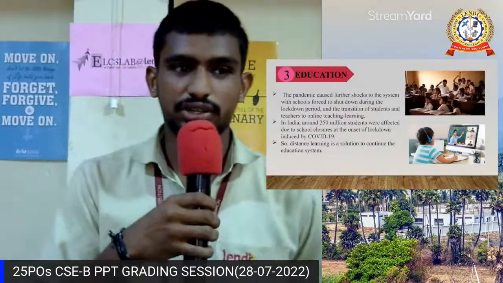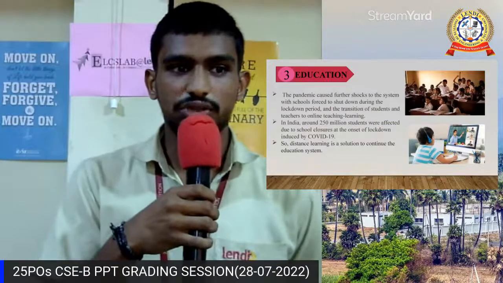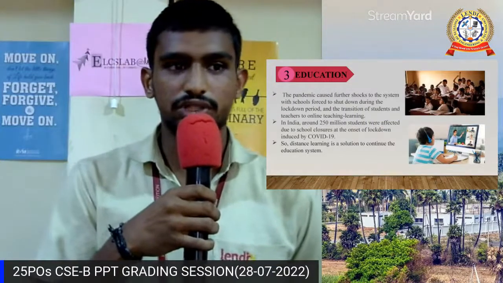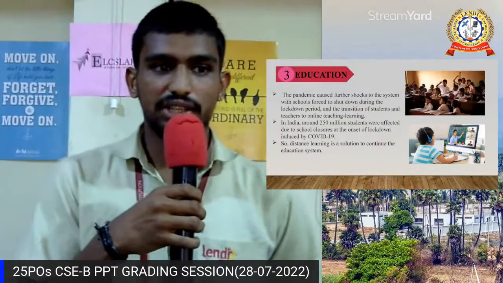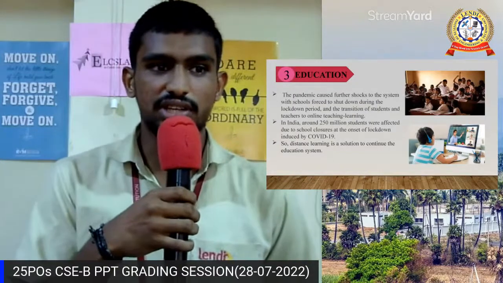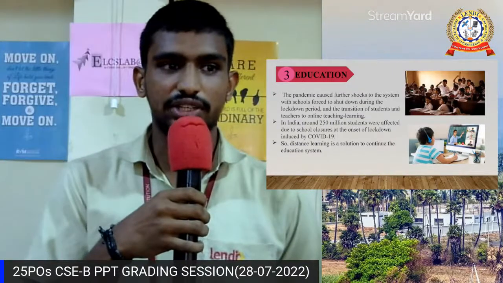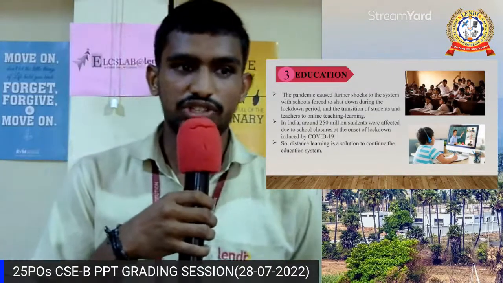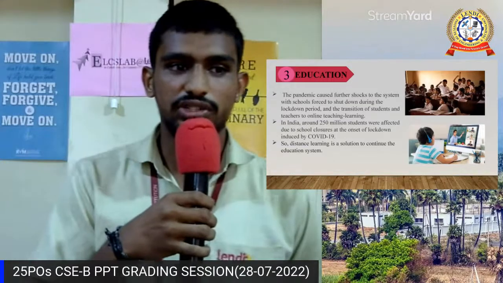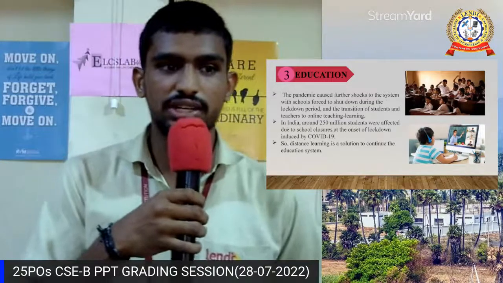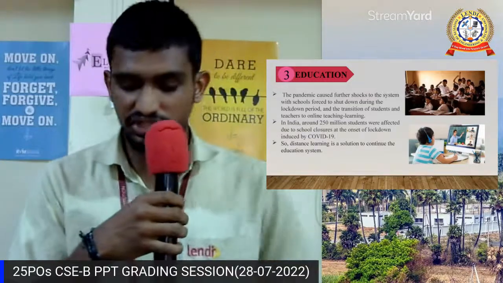Coming to education, the pandemic caused further shocks to the system, with schools forced to shut down during the lockdown period, and students and teachers transitioned to online teaching and learning. In India, around 250 million students were affected by school closures at the onset of the lockdown. So distance learning is a solution to continue the education system.